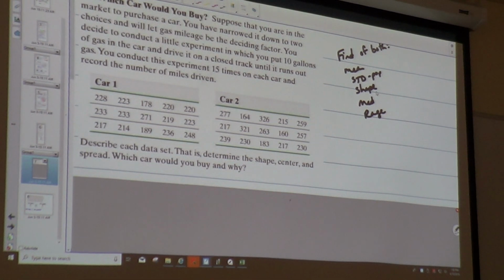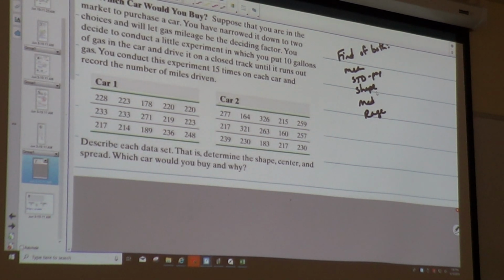Mean, standard deviation, shape, median, and range, for both sets of data? Yes, for car 1 and car 2.